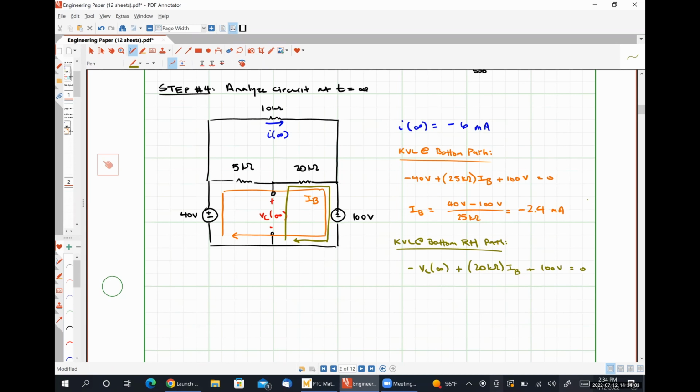And therefore, VC at infinity is 20 kilo ohms times negative, 20 kilo ohms times 2.4 milliamps. .48 volts.